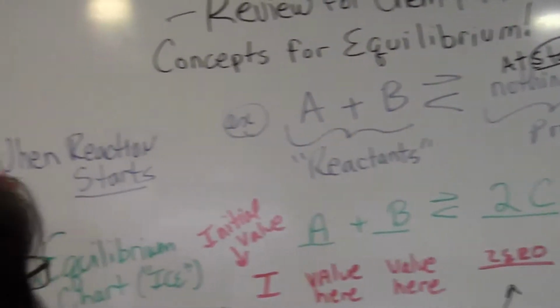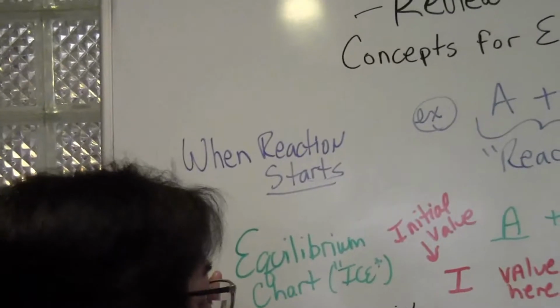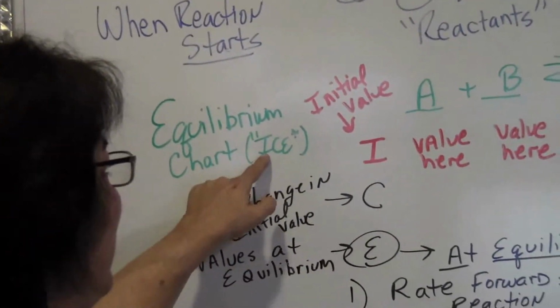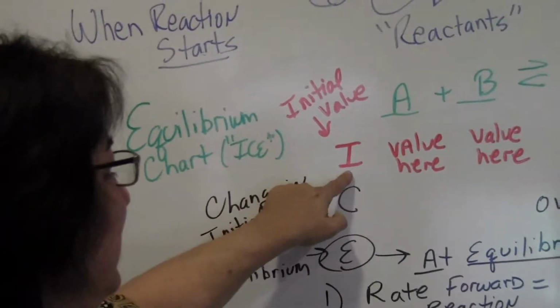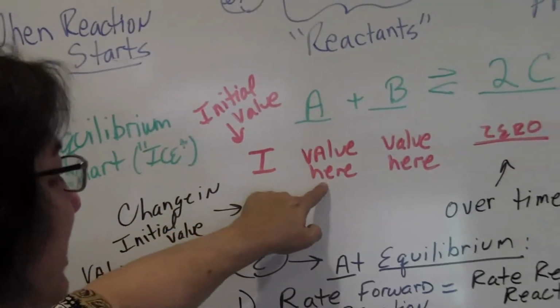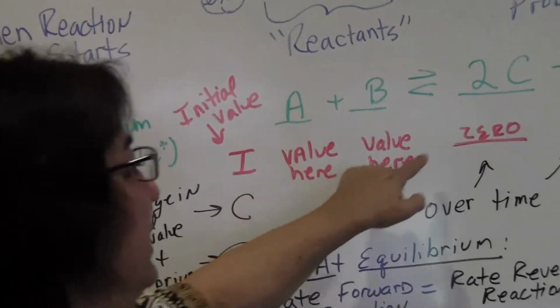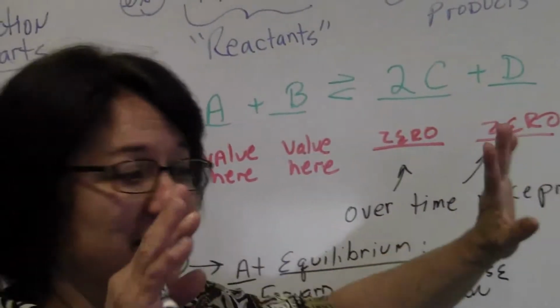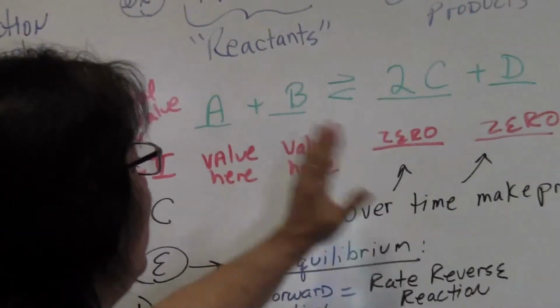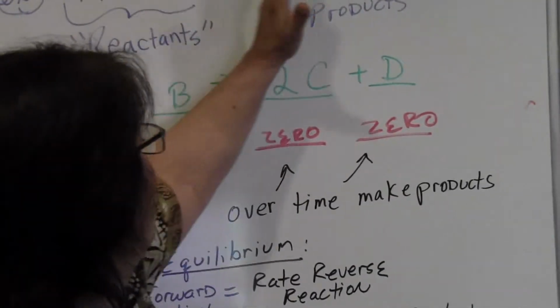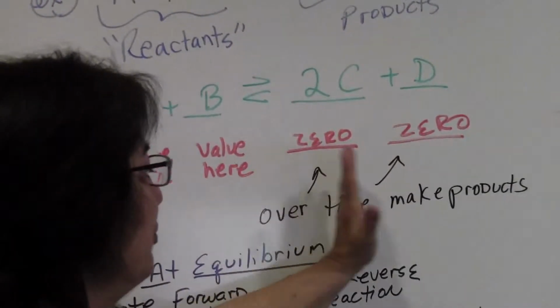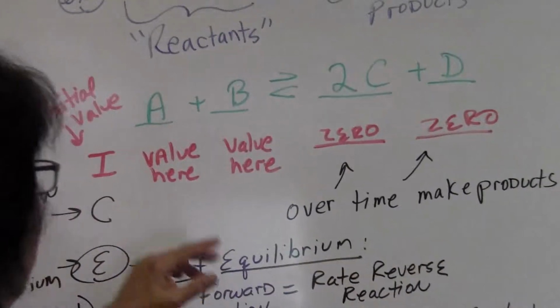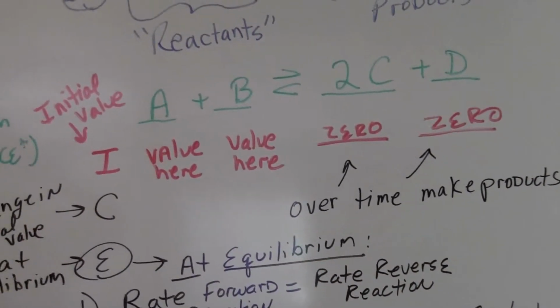So when you make an equilibrium chart, in the I column of ICE, the initial value, you're going to have values for the two reactants, but you're not going to have values for the two products at the start. Over time, as this reaction moves forward, then we're going to start to see the products appear. But it's not going to be in the I column.